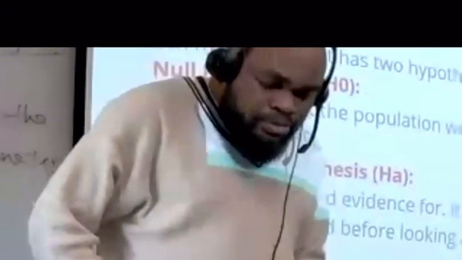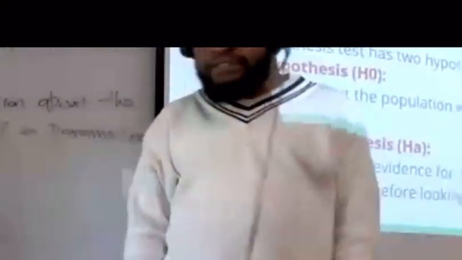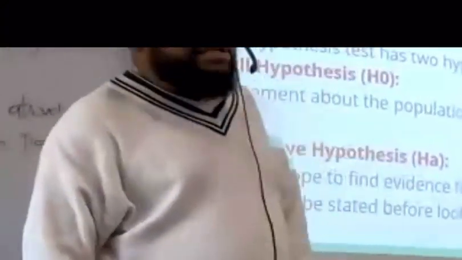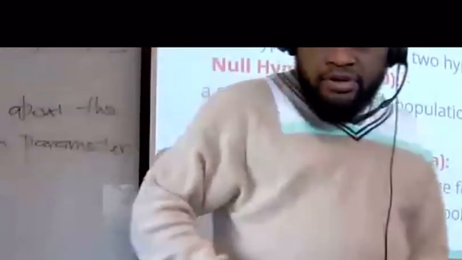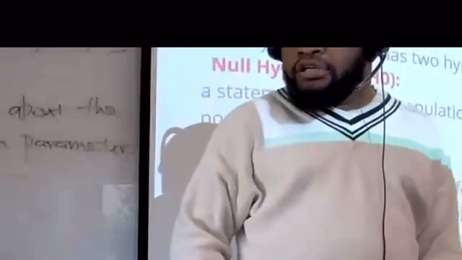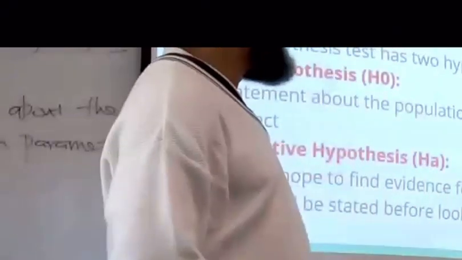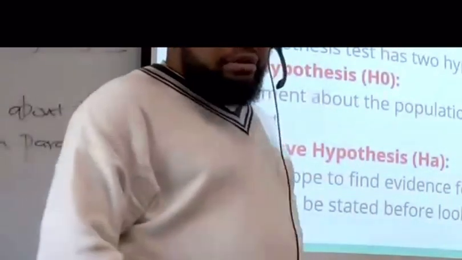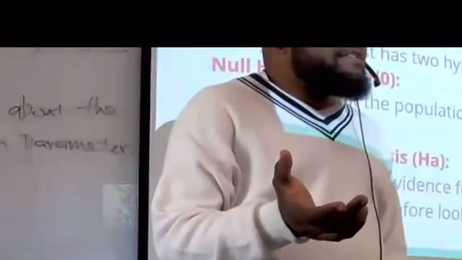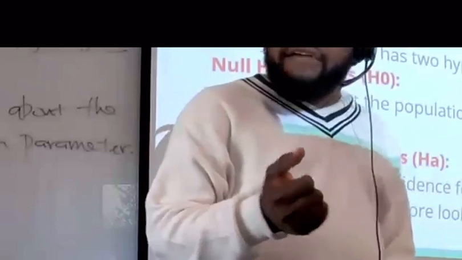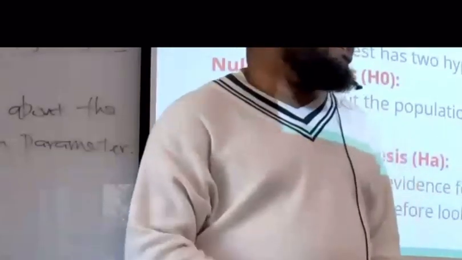Now, for you to be able to understand hypothesis testing, we need to understand some nomenclature, some fundamentals of hypothesis testing. Number one is what we call assumptions. It's just like a court wanting to entertain a case. That very court must have credibility.